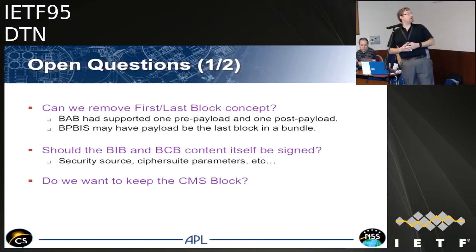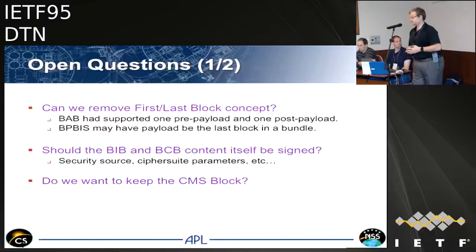Another open question, which I don't know that we will solve here, is that the BIB and the BCB are currently defined to only look at their security target. They don't re-sign themselves as additional authenticated data.